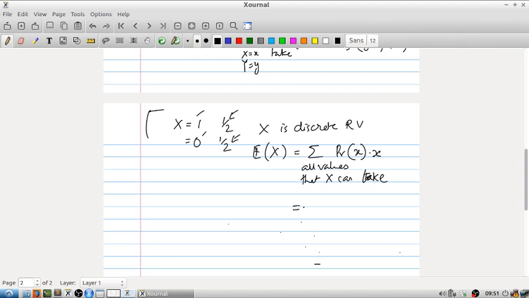Although it looks like a complicated formula, all I'm saying is, x takes a value 1 with probability 1/2, and it takes a value 0 with probability 1/2. So the expectation here is just 1/2. It's just a number. What it does is basically an averaging. x takes very different values with different probabilities, so let me just average and spit out a number. It kills the randomness in the picture, because once you take an expectation, there is nothing random here. This is just a constant, a number that you spit out.